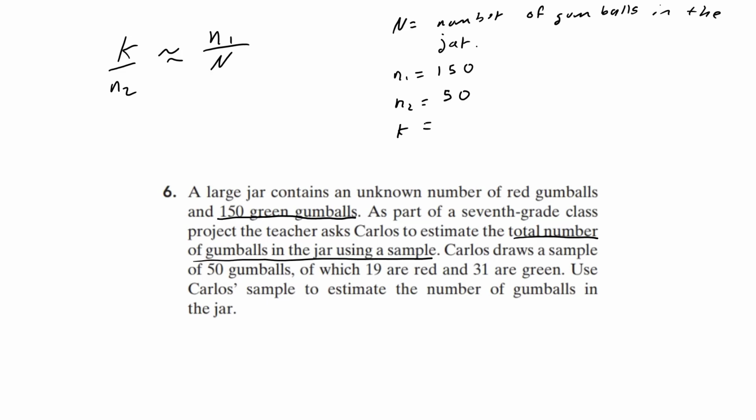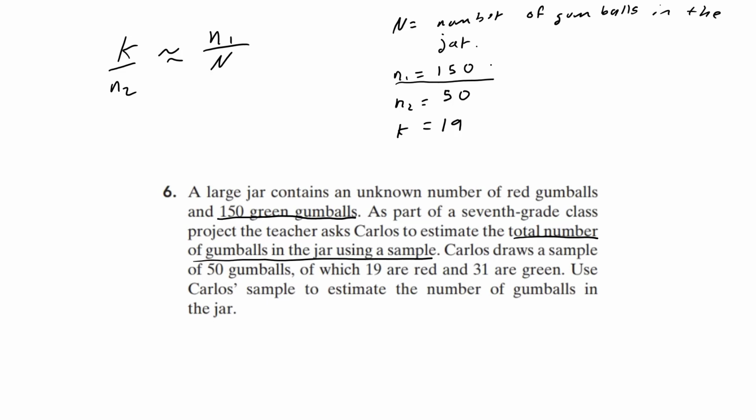Ooh, I'm sorry. Of which 19 are red. There we go. And 31 are green. So I should have been more careful with my labeling. So, and 150 green, so the tagged is which gumballs are green.